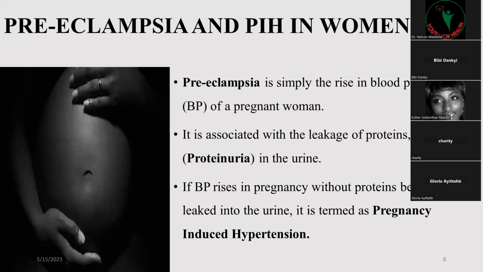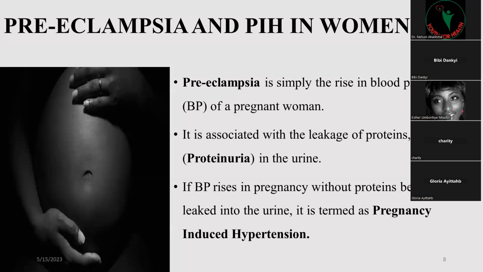When we say preeclampsia, we are talking of a rise of blood pressure in women, but this time it's associated with leakage of proteins, that's proteinuria, in the urine. So when you do your urine test and you see a lot of protein inside during pregnancy, and you see that the woman has high blood pressure, above 140/90, then you begin to suspect that preeclampsia is resulting.